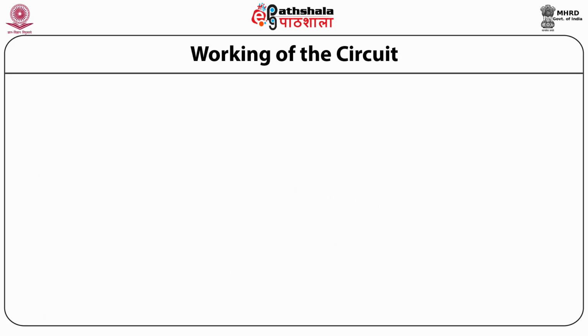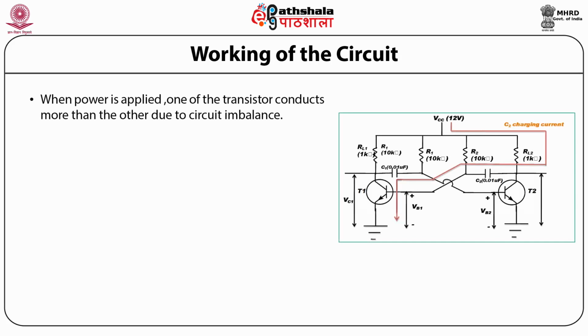Let us now discuss the working of this circuit. When the power is applied, one of the transistors conducts more than the other due to circuit imbalance as shown in this figure. Now let us consider that transistor T1 is conducting and T2 is off.